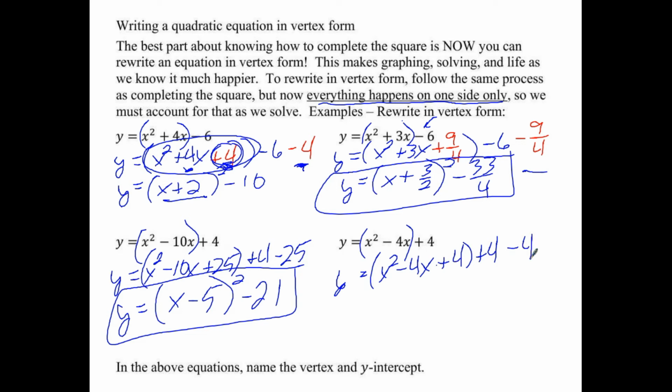Because half of negative 4 is negative 2, but squared is positive 4 anyway. Okay. And then outside adds to 0. So that's it. You're done. Yeah? It's minus. How come it's minus?